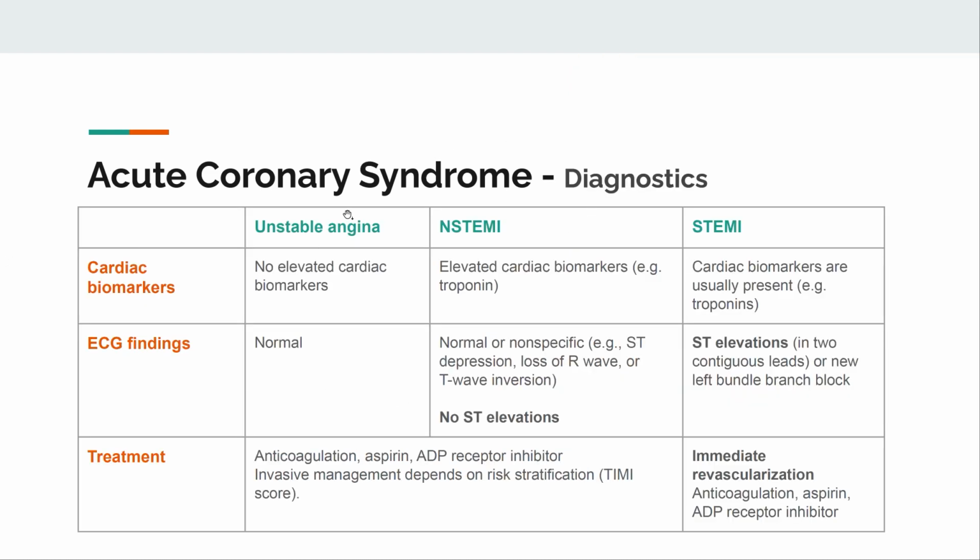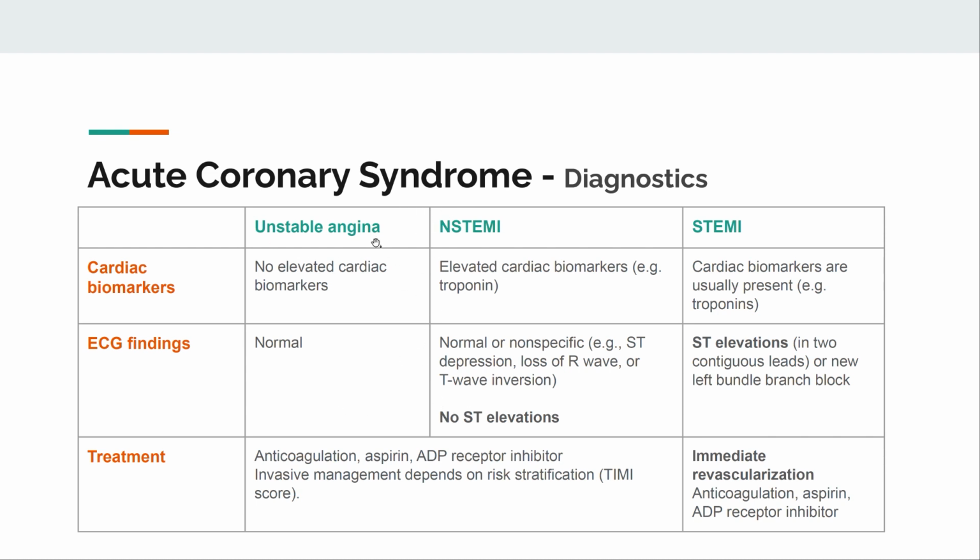So dividing this up into diagnostics, someone comes in with chest pain at rest that appears to be cardiac in nature after taking a bit of a history. You order an ECG and you get serial ECGs every 15 minutes to look for evolution. You take blood and do cardiac troponin, baseline, and then 6 hours later. And that will really give you everything you need.